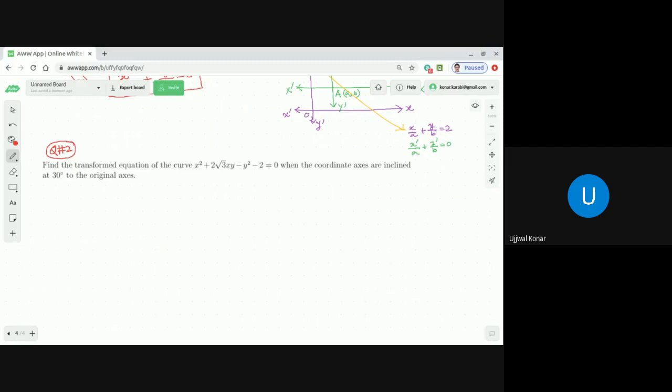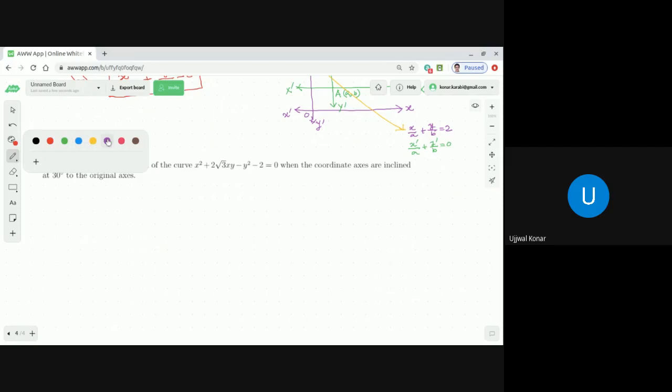Find the transformed equation of the curve x square plus 2 root 3 xy minus y square minus 2 equal to 0 when the coordinate axes are inclined at 30 degrees to the original axes. That means, let us first draw the diagram.